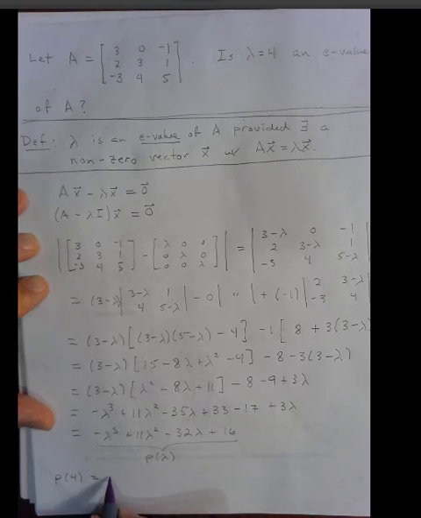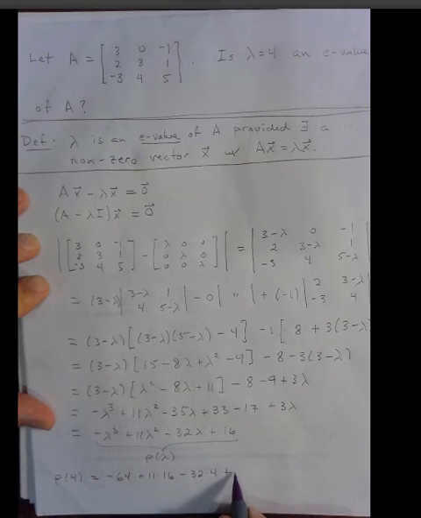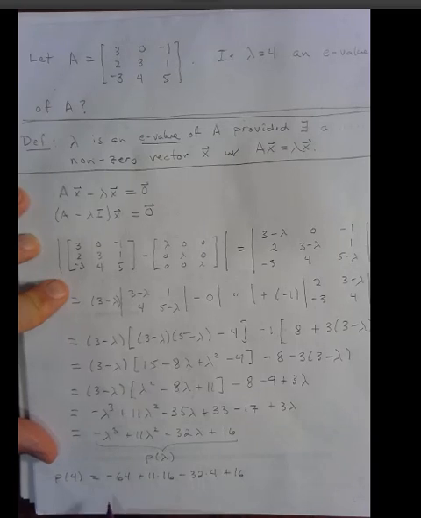If I plug in a 4 there, I'm going to get minus 4 cubed, which is minus 64, plus 11 times 4 squared, which is 16, minus 32 times 4, plus 16. I have 11 16s and another 16. That's 12 16s.